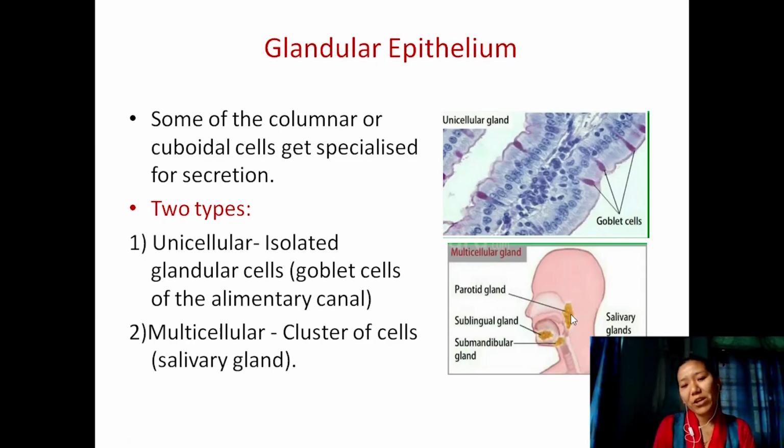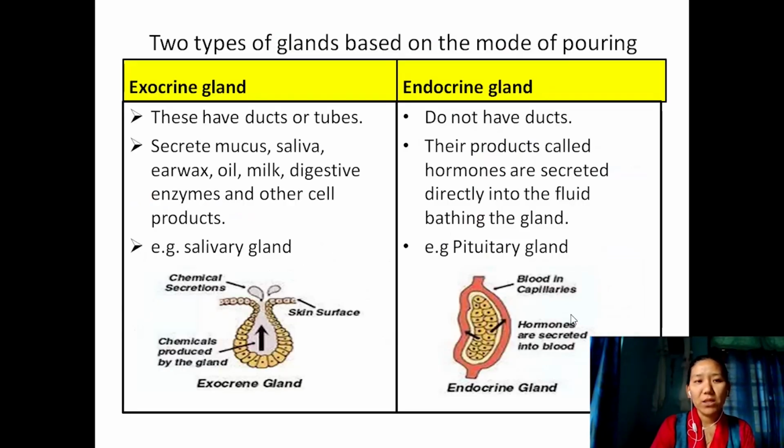The example given here is the salivary gland. In our body, we have three pairs of salivary glands: the parotid gland, sublingual gland, and submandibular gland. So based on the number of cells, we have unicellular and multicellular.